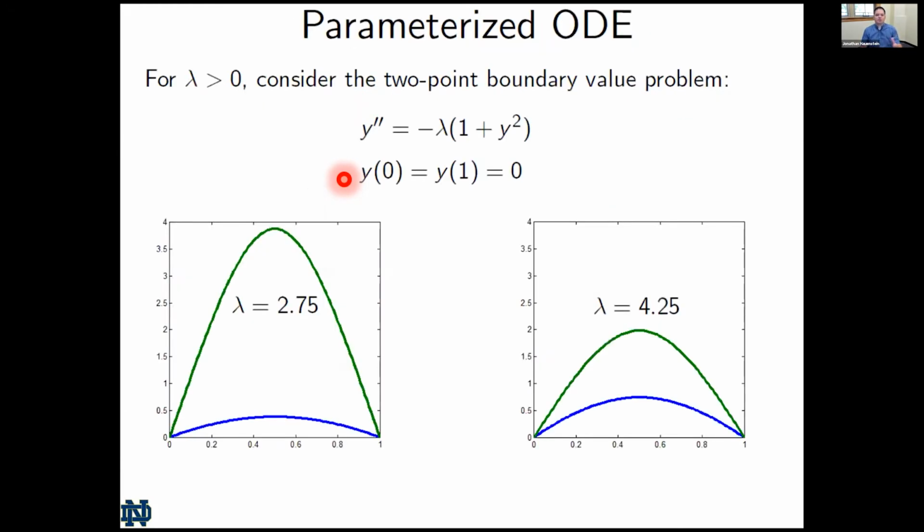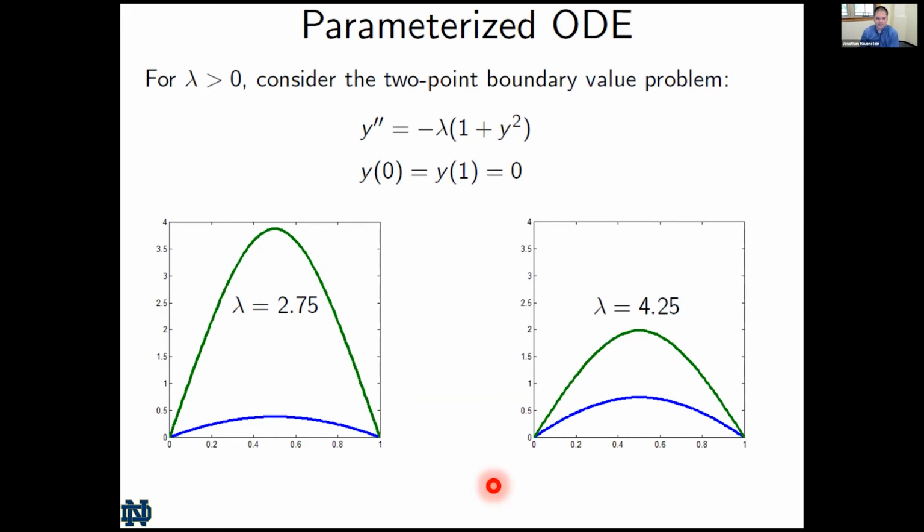So let's apply this to a system of parameterized ODEs. So we have this parameter lambda in this 2-point boundary value problem. So for different values of lambda, say 2.75, you have these 2 solutions. When lambda is a little bigger, those 2 solutions look like they're coming together.